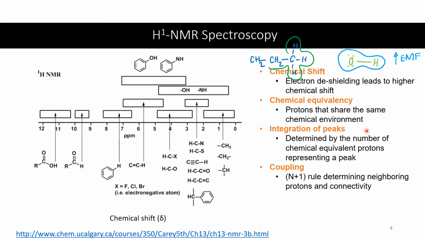You have the total number of protons, and based on the ratio you can decide how many protons are represented by each peak. Then the coupling rule, the n+1 rule, helps us determine how many neighbors are next to a group of chemically equivalent protons.